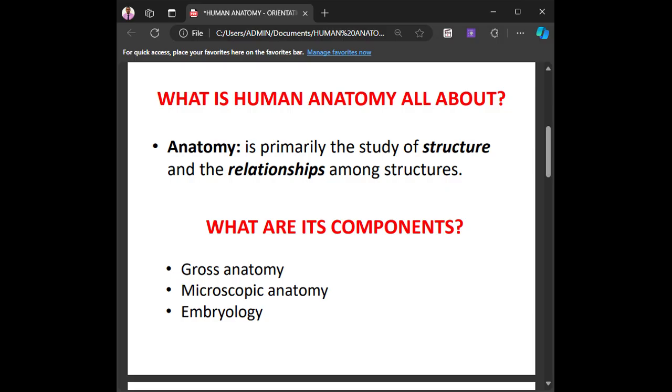You start from fertilization until a child is born, and you go through all those stages. Embryology is also vast, but in a nutshell, that is what it is all about. So basically, those are the components of human anatomy.